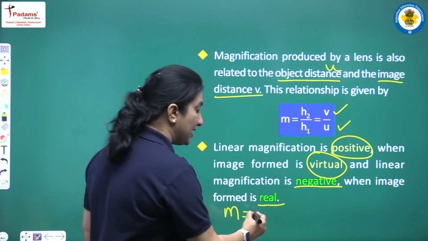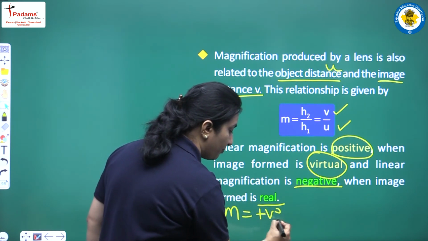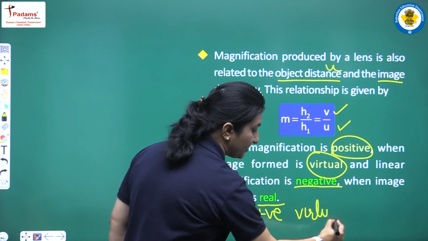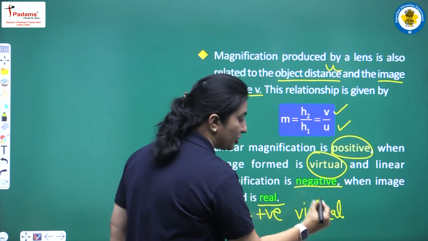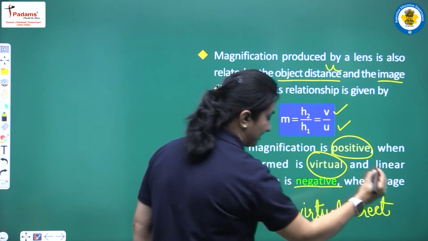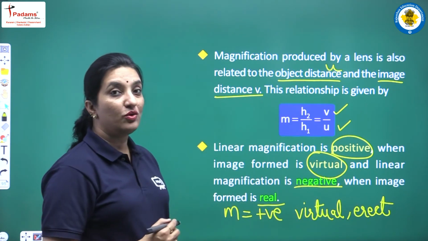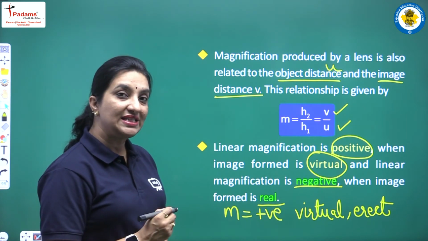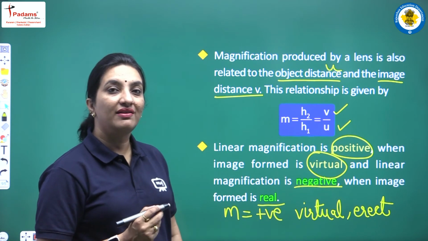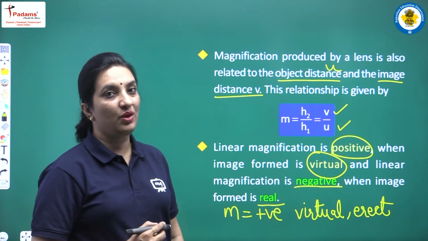Now if m is positive, we are going to have a virtual image, and all virtual images are always erect. And if the value of m is negative, then we are going to have a real image, and a real image is always inverted.